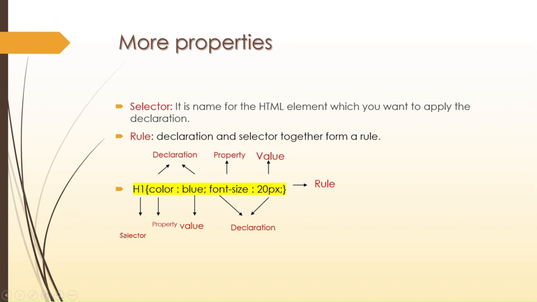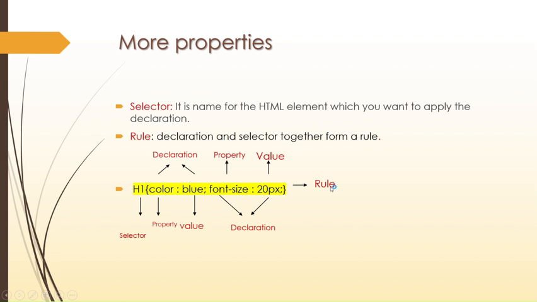Okay, don't confuse it, it is very easy. The HTML tag, like this h1, is the selector. This color, the name of the property, is the property. This blue is the value. Both of these are the declaration, and this selector and declaration together form a rule.